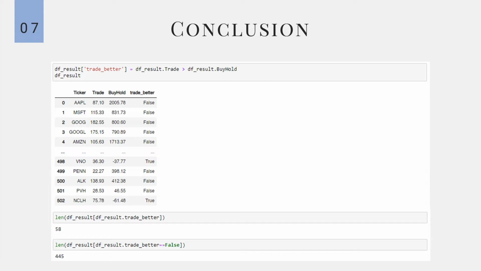Or to say it in mathematical words, the probability would have been higher to get a better return if we would have taken the buy and hold strategy. If you really want to get more insight into a comparison of two strategies like this, you have to take into account multiple time frames.